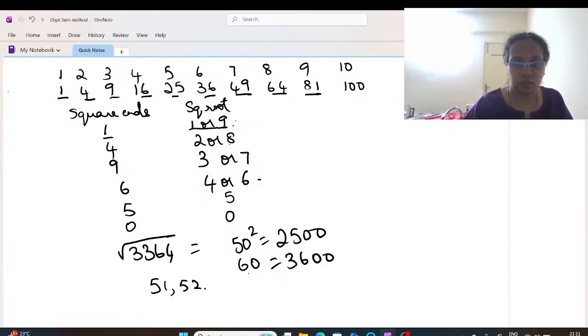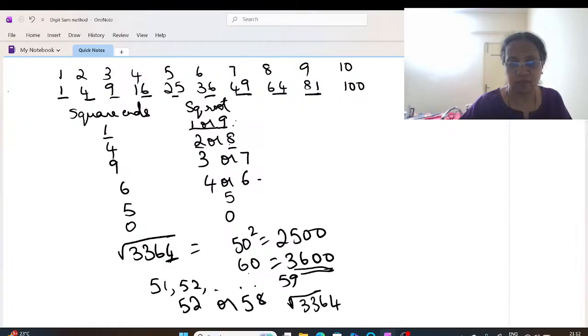So 51, 52 up to 59. It could be any of these. And since the number ends with 4, the square root will end with 2 or 8. So the square root will either be 52 or 58. Now since 3364 is closer to 3600, the square root is 58. You can cross-check all these answers.